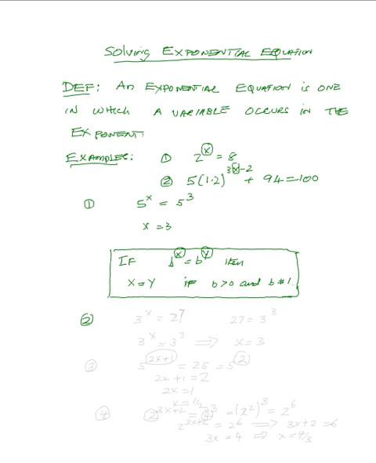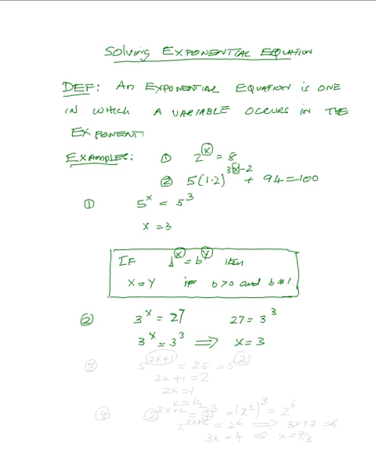We have 3 to the x power equals 27. Now, 27 could be written as 3 to the third power. So we write 3 to the x equals 3 to the third, and using the same property, x is equal to 3.